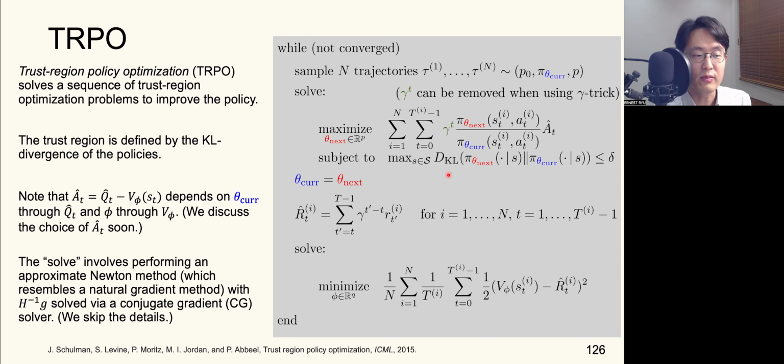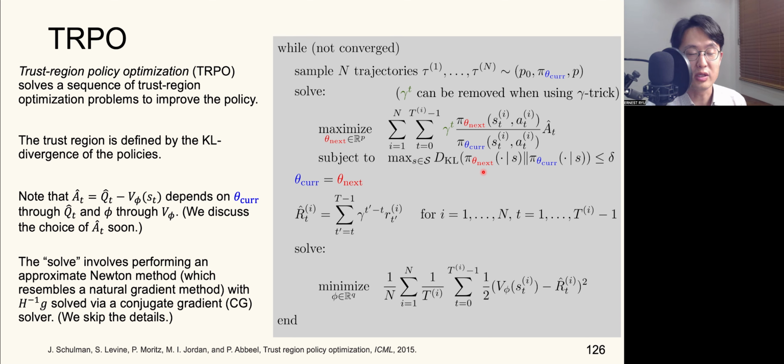The way it does it is it says that the KL divergence of the distribution defined by pi theta should be close to the distribution defined by pi theta current. And that makes a lot of sense because theta is just a neural network parameter. So it doesn't really make that much sense to say that theta next should be close to theta current in the sense of, let's say, mean squared error.